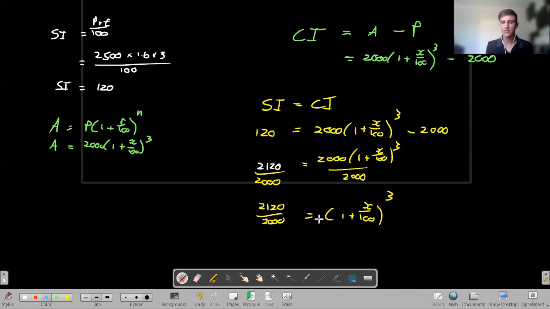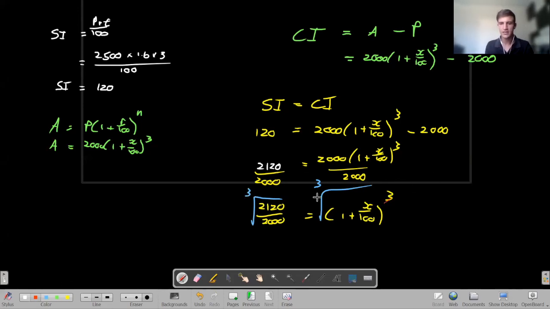We can just put a cube root. Any root with the exponent, so if it was to the power of 4, we could have used root 4, but in this case we're just going to use a cube root. We use a cube root on that side to get rid of it, but if you use it on the one side, you have to use it on the other side.